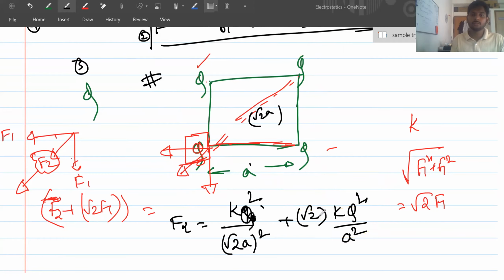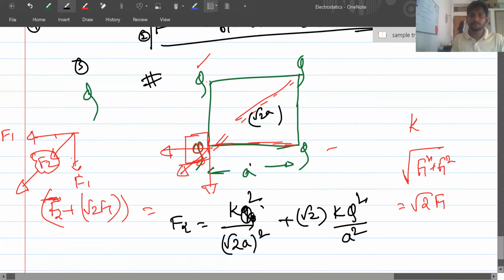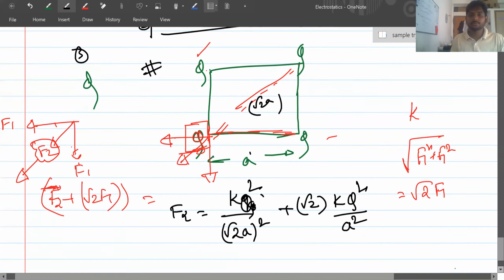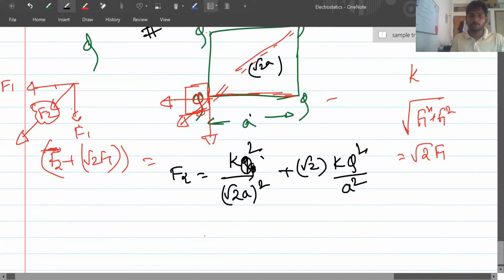KQ square by A square. So now what is the answer? This is an important question also. So KQ square is common.